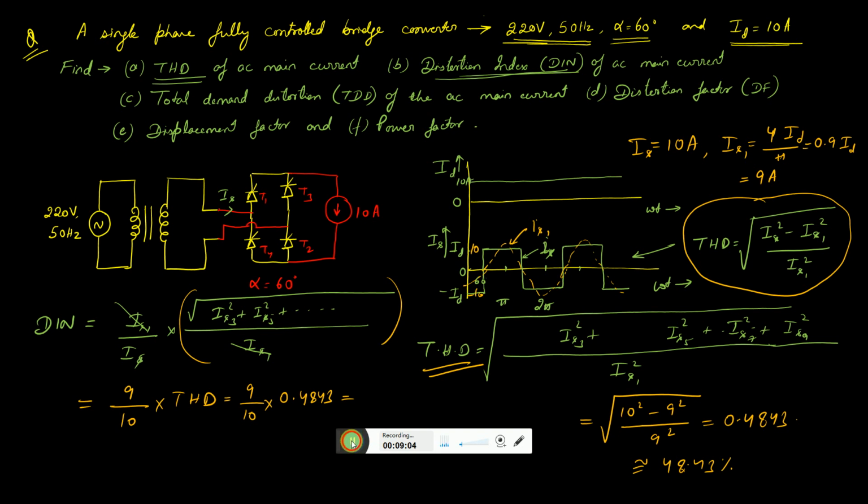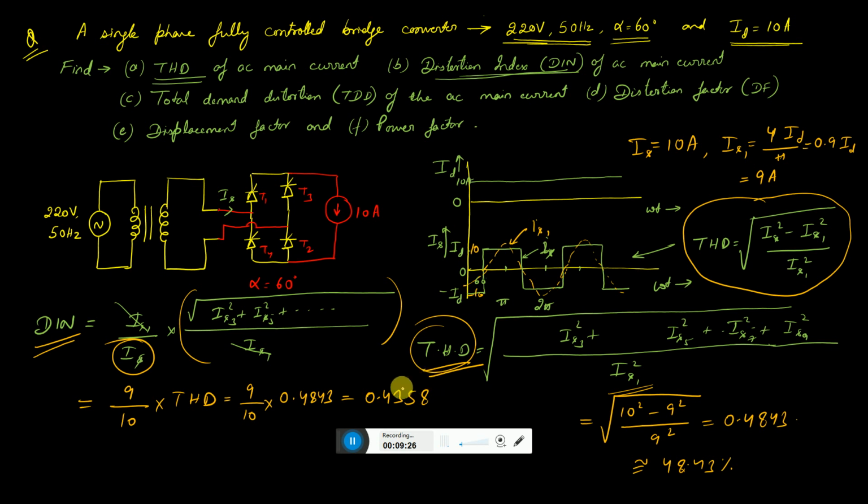That comes out to 0.4358, so that is 43.58%. So when I compare with IS, this is the distortion index. When I compare with IS1, this is the THD.